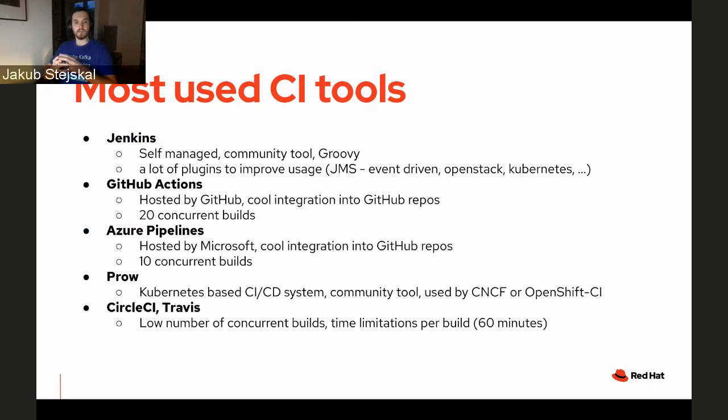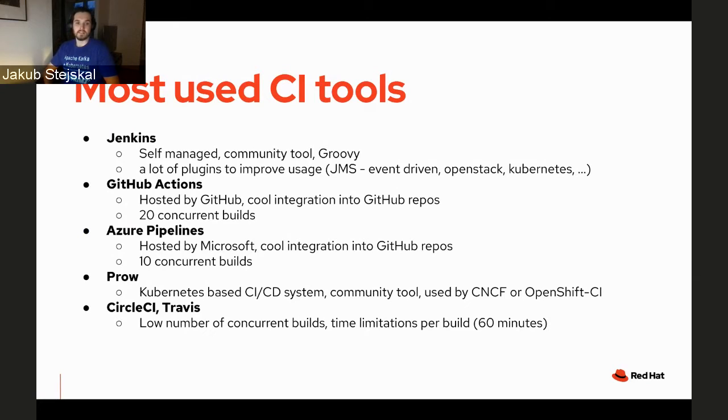The great thing about GitHub Actions is that it allows you to have 20 concurrent builds, which is a great number, even if you have the free tier. The next tool is Azure Pipelines. It's very similar to GitHub Actions, but the main difference is that it's not hosted by GitHub, but by Microsoft. The integration with GitHub repos is very similar.